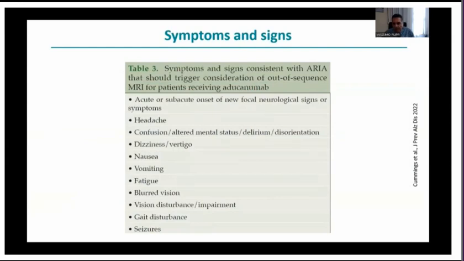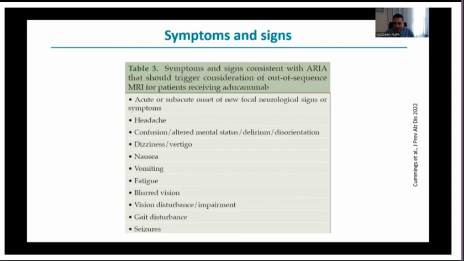So we saw some of the typical aspects of ARIA-E and ARIA-H, and now we can spend a few words on the symptoms and signs which might sometimes be associated with such MR abnormalities. There might be the development of acute or subacute new focal neurological signs or symptoms, which are related, of course, to where the lesions are localized.